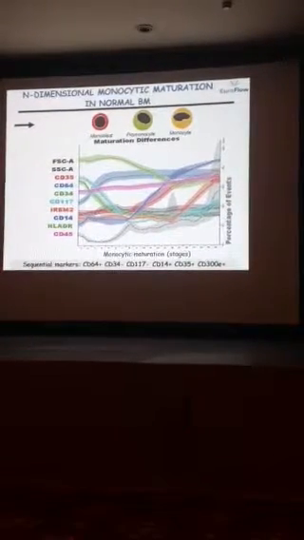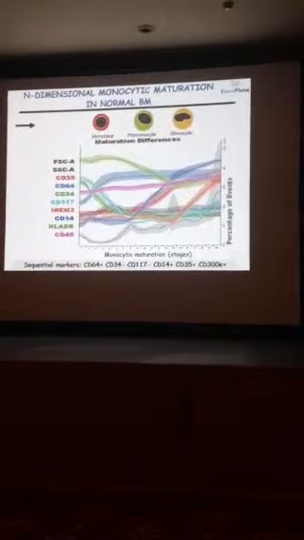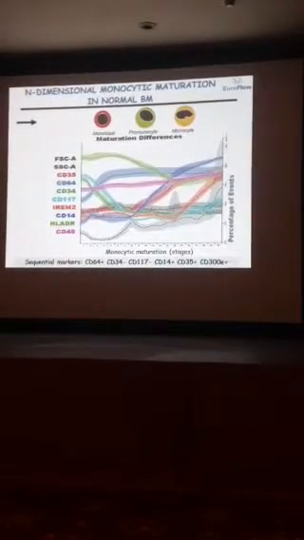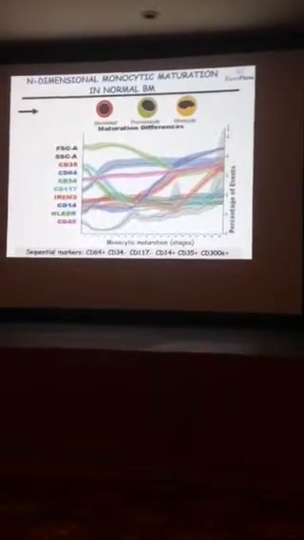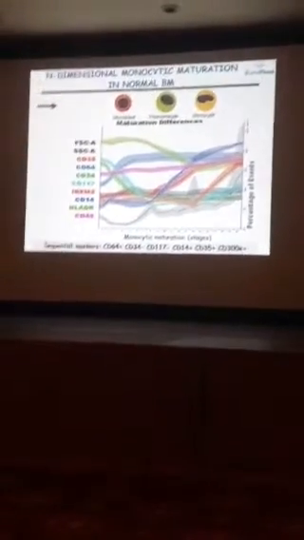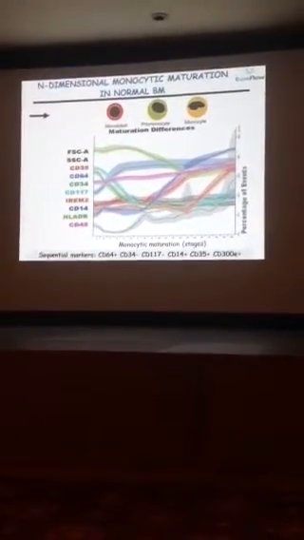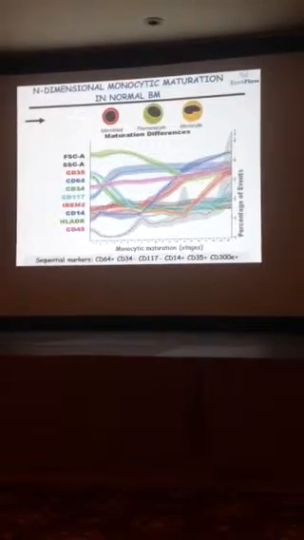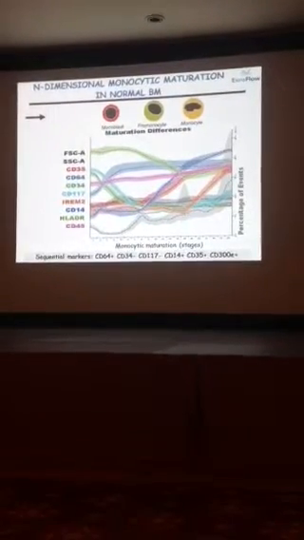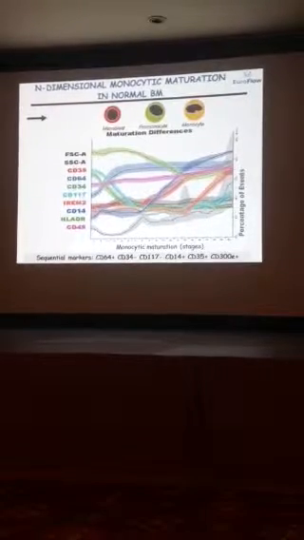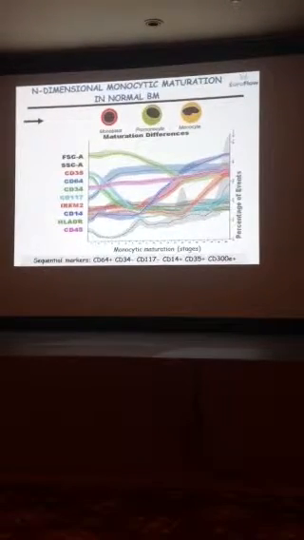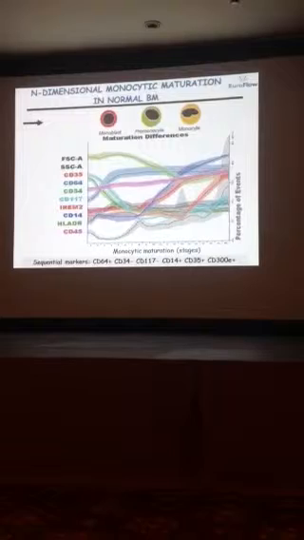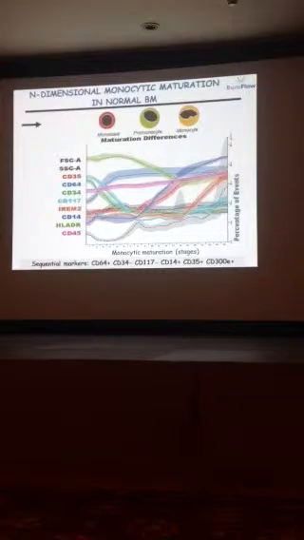Also, interestingly, if you look at this line in gray, the number of cells per stage of maturation also goes up. So the more mature the cells are, the more cells you have from that stage. This is telling us that maturation goes along with expansion of the compartment. And for sure, for some maturation pathways, we think that division of cells occurs at a particular stage of maturation.